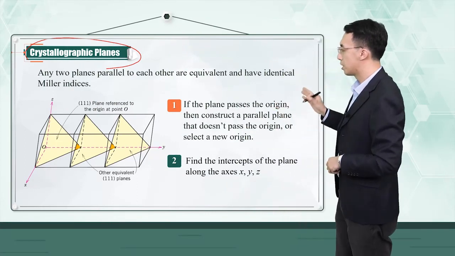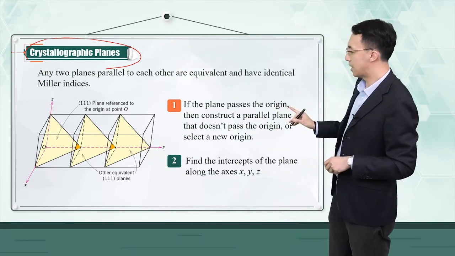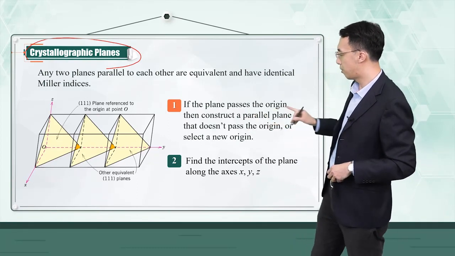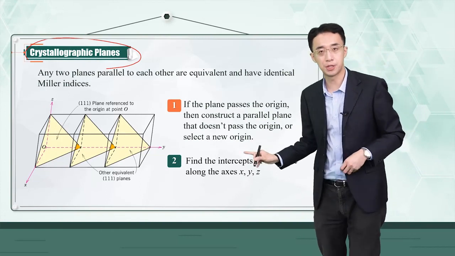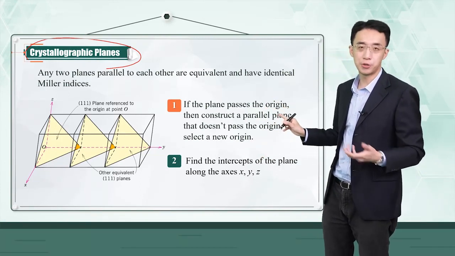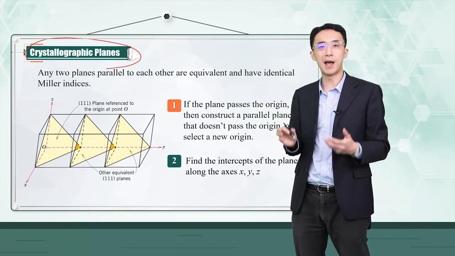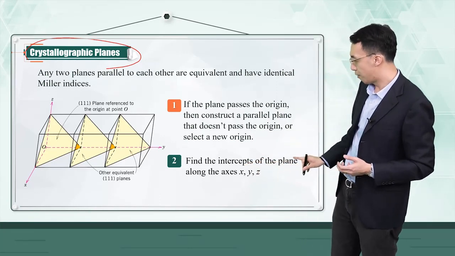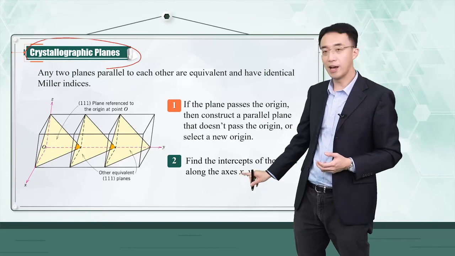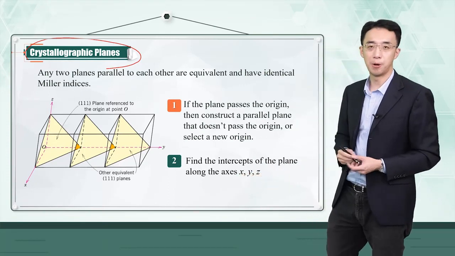First, if the plane passes through the origin, then construct a parallel plane that doesn't pass through the origin, or select a new origin. This is step 1. Essentially, it means that your plane shouldn't pass through the origin. Second, find the intercepts of the plane along the x, y, z axes in the unit cell.